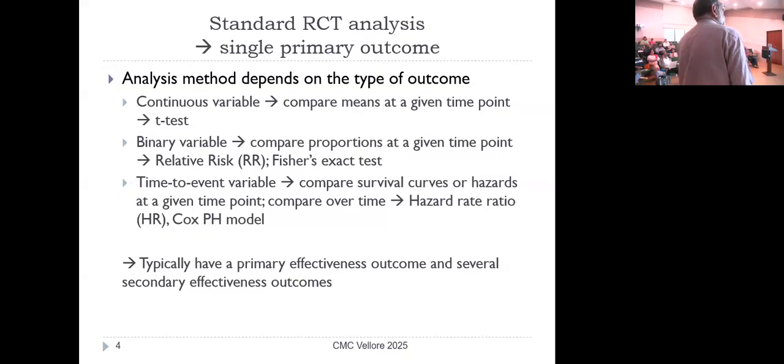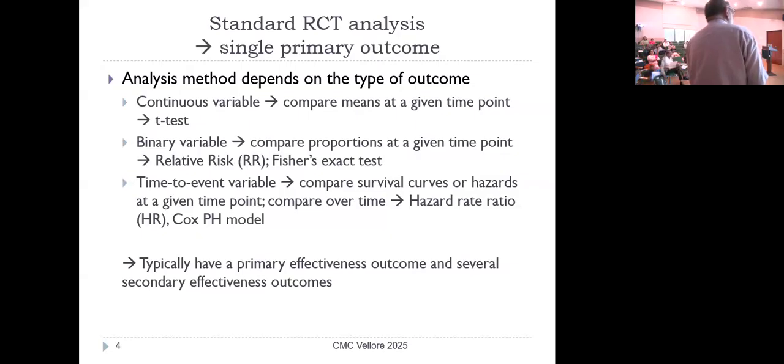If it's binary, we'll compare proportions at a given time point between intervention and control. We would calculate the relative risk or do Fisher's exact test. Nobody uses odds ratios in prospective studies. It's always relative risk or hazard ratio.